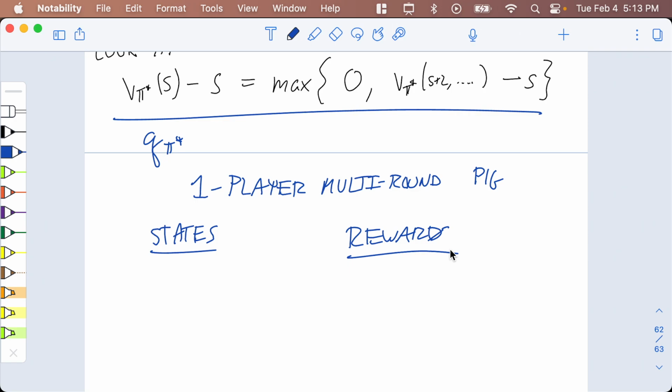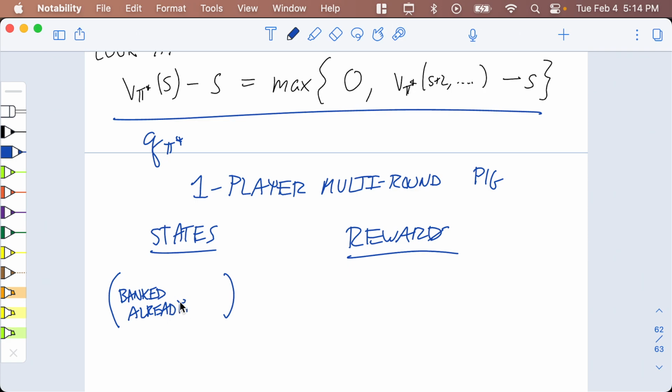Yeah. There's 2 scores now, right. Okay. So you have to have 2 lists. So the state is no longer 1 number, it's 2 numbers. Let's call it the amount you have banked already.